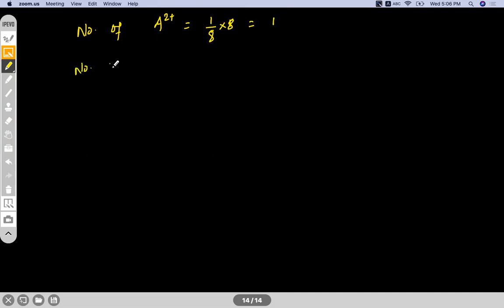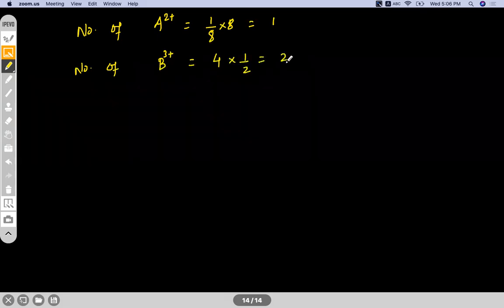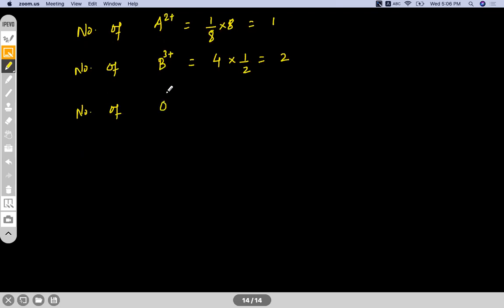Number of B3+ equals number of octahedral voids, which is 4, and half of the octahedral voids are occupied, so it is 2. Number of O2- is FCC packing, so it is 4. So look at the ratio here: the formula is AB2O4. This is the normal spinel structure.